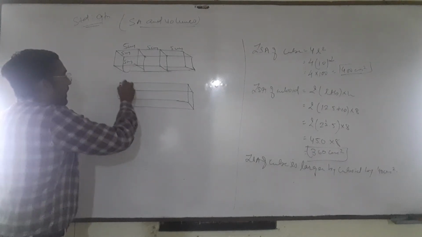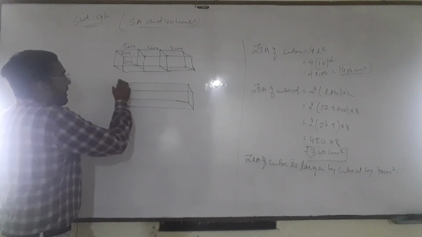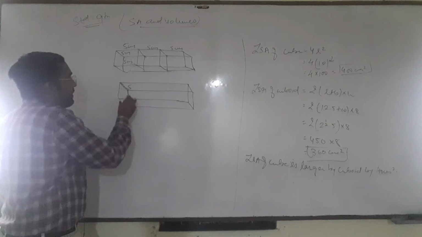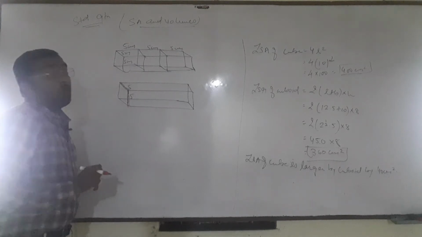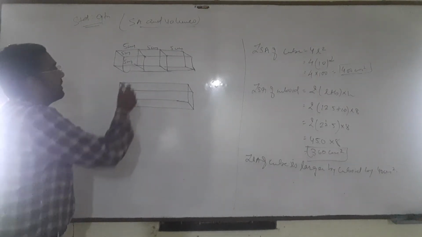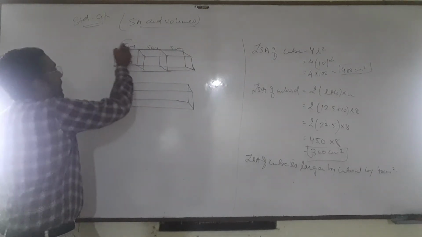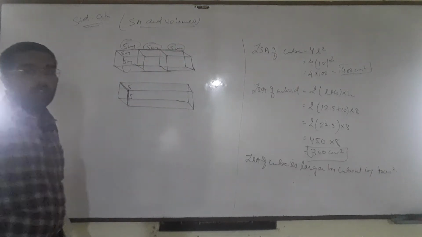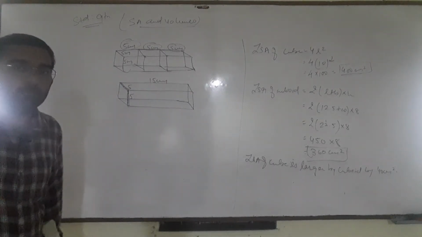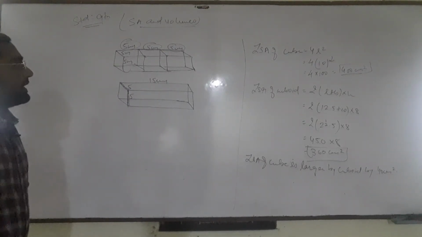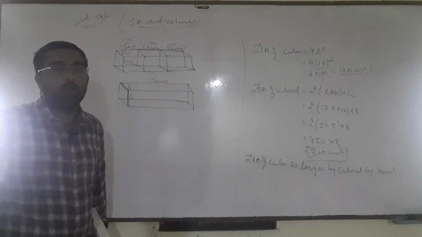So now when I find the total surface area of this cuboid, I'll take 5 centimeter as the breadth and 5 centimeter as the height, as given. But when I take the length of the cuboid, it is the whole length of these 3 cubes, that is 5 plus 5 plus 5, that is 15 centimeter. So we take 15 centimeter as the length of this whole cuboid.